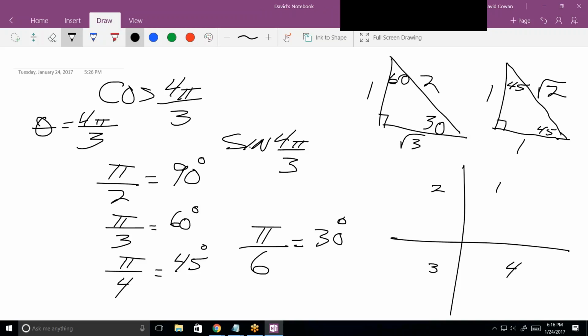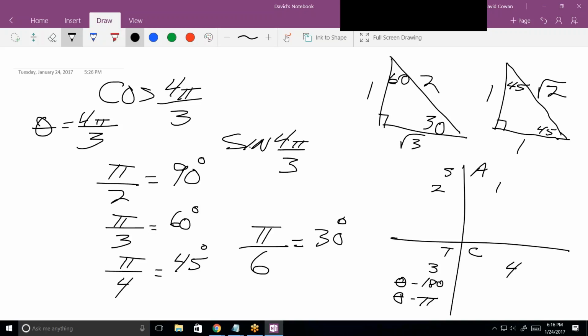Okay. And we know that it's all students take calculus, and in quadrant 3 it's theta minus 180, or if I want to work in radians, it's theta minus pi. Remember, 180 is equal to pi. So let's work this problem in radians.